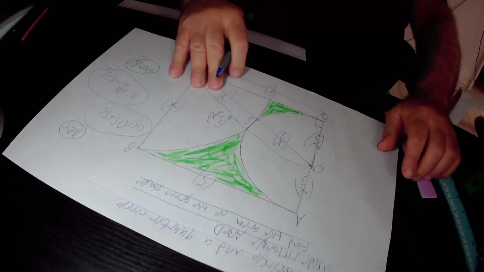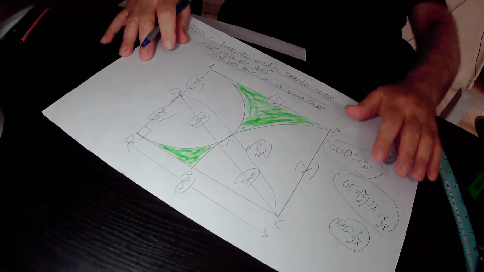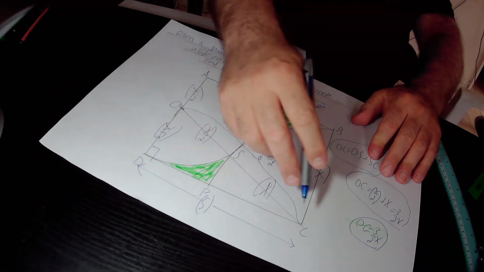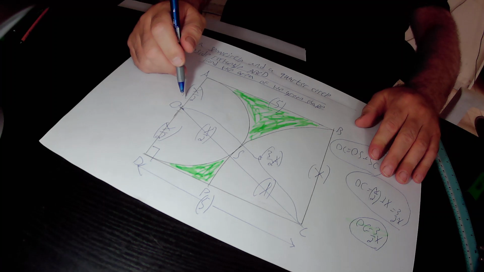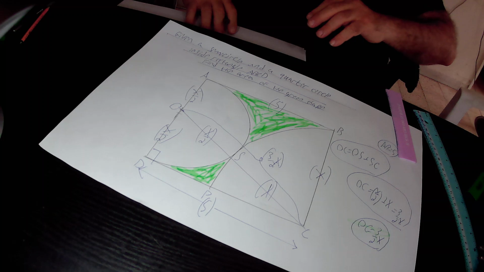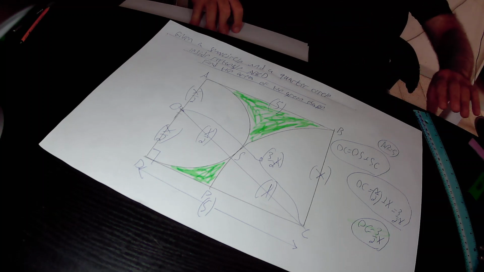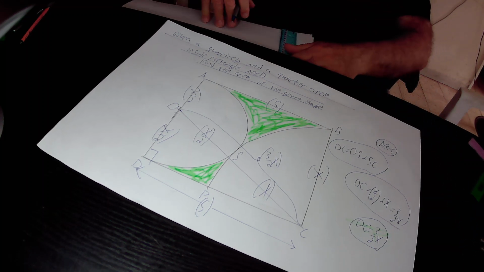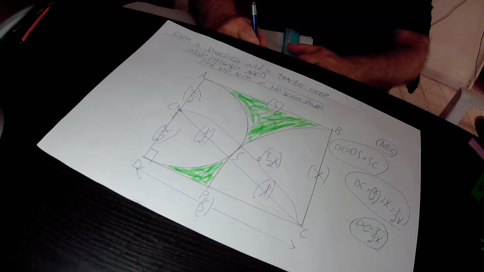In the next step, I'll copy the right triangle ODC onto a new page, and we'll implement the Pythagoras theorem on this right triangle ODC. Here PT is the abbreviation for Pythagoras theorem.